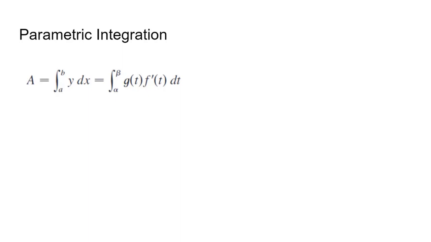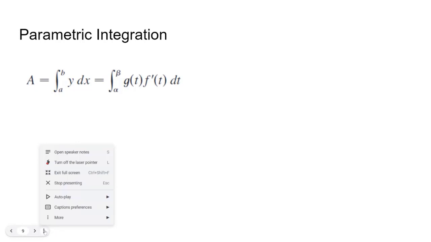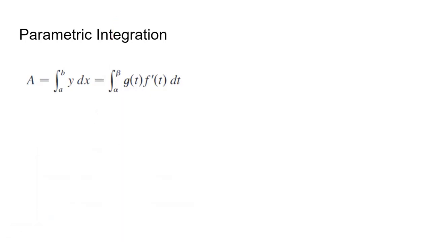Like how to determine what alpha and beta are? Didn't they change because you changed the variable? That's right. Yeah.